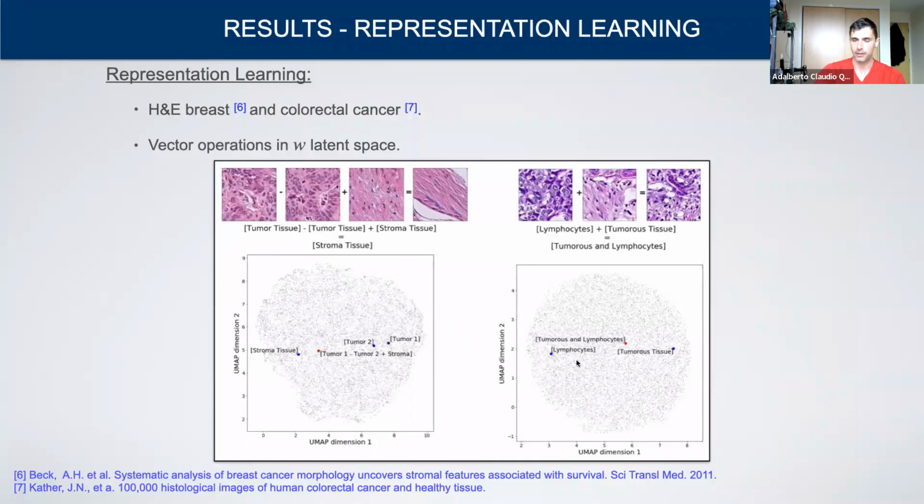And then down below here, I'm showing you the original vectors and the vector after the transformation as compared to the entire population of all the generated samples that we had before. And in this case, another vector operation in which we just took the vectors from two tumor tissues, subtracted them, and then added some stroma, and we get some stroma-like generated tissue. And again, just trying to give an intuition of where those vectors will move by doing those operations.